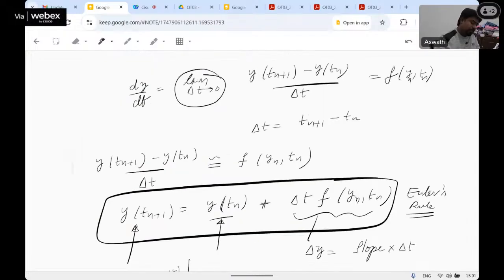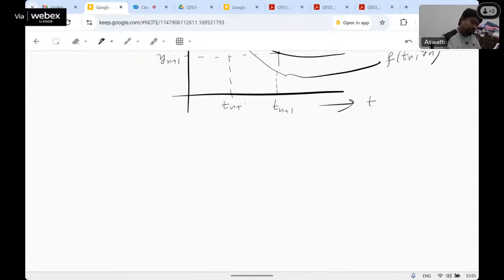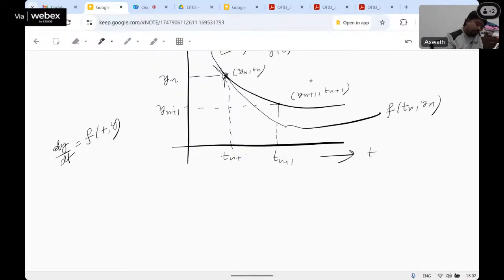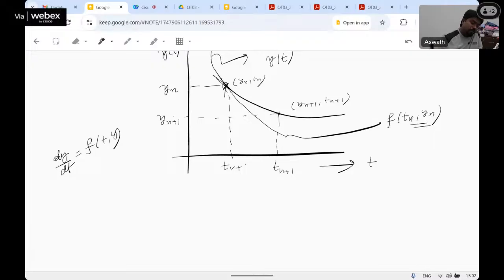That is what the differential equation says: dy by dt is equal to f of t comma y. So if I substitute the point's coordinates, I'll get the slope at that point. This is a negative slope, by the way.